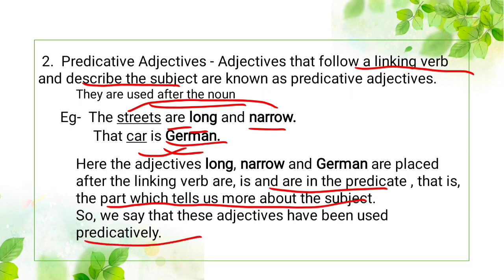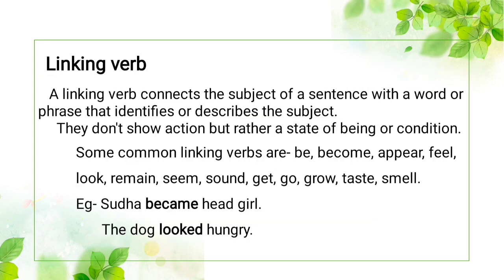So from here we can ask, what is a linking verb? A linking verb is a verb that connects the subject of a sentence with a word or phrase that identifies or describes the subject. So basically a linking verb is a verb that follows the subject, and it joins the subject with the word or phrase that identifies the subject.